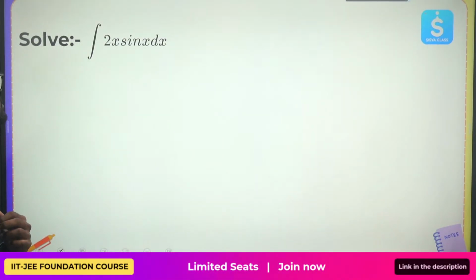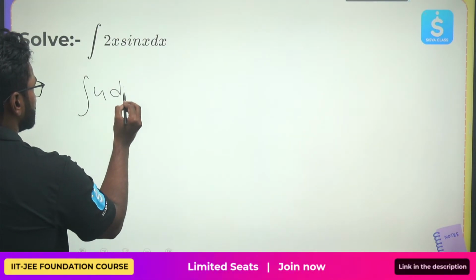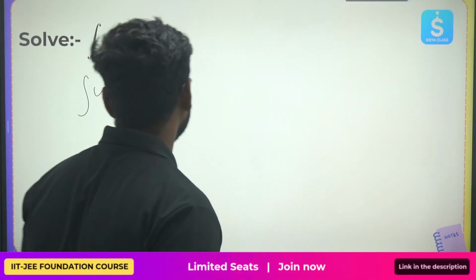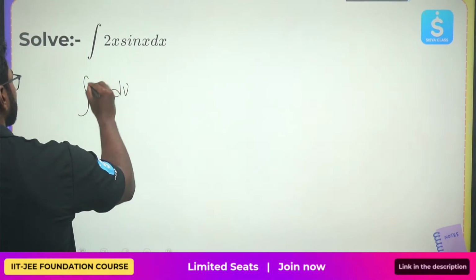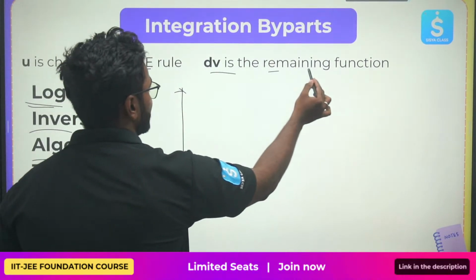Now, how can we solve this? What should be integral of u dv? Let us choose u and dv first. u should be chosen by the LIATE rule and dv is the remaining function.